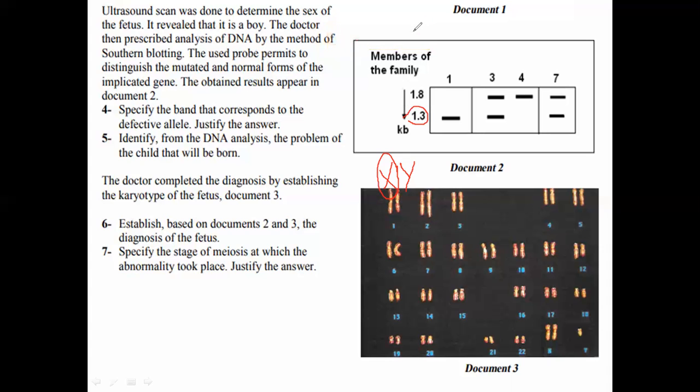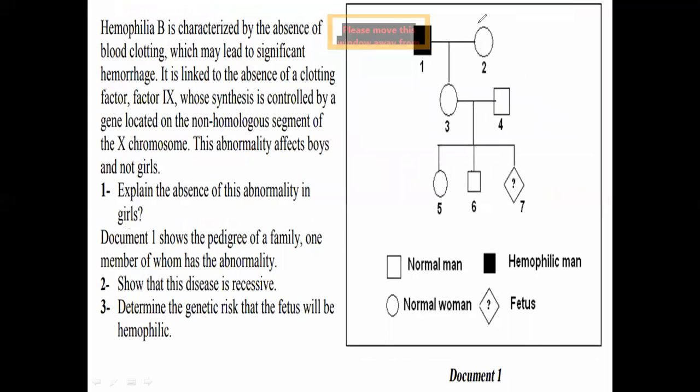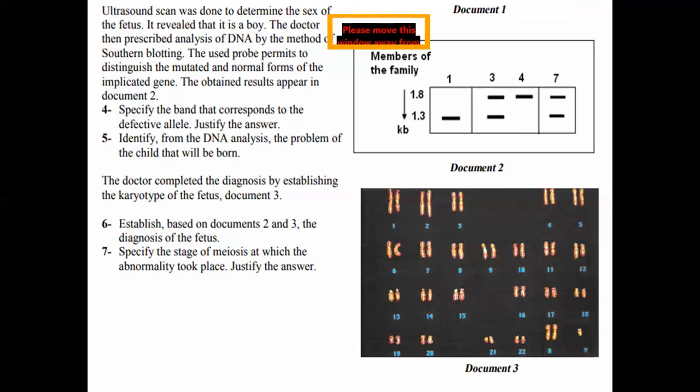Since individual 1 has only one X, it shows this band. Individual 3 is normal. It has two bands, 1.8 and 1.3, so it's heterozygous, as we said from the pedigree, and this confirms it. Individual 3 has XN, XD, if we give X symbols.